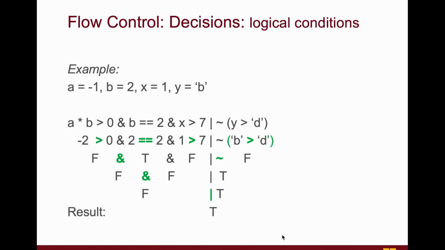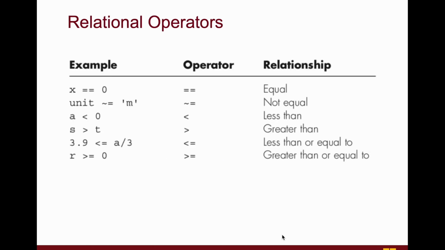False and false gives us false. In the next step, we execute the lowest priority, logical or, f or t. In the end, we get the result t, which is true. So the result for this logical condition analysis is true.